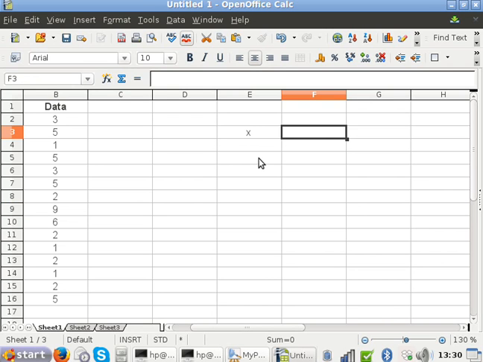So here is my X, and here is my F. What is the smallest number in this data set? 1. And then the largest? 9. So the difference between that is 8.